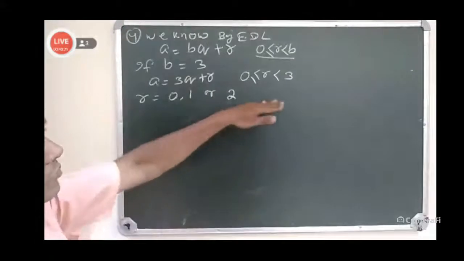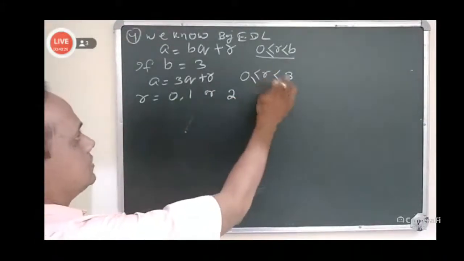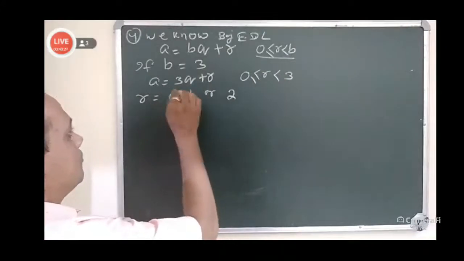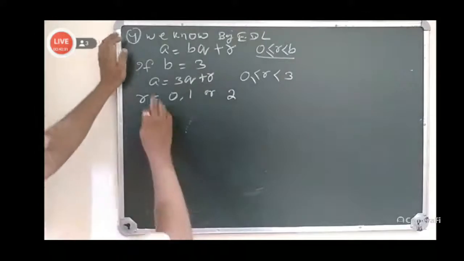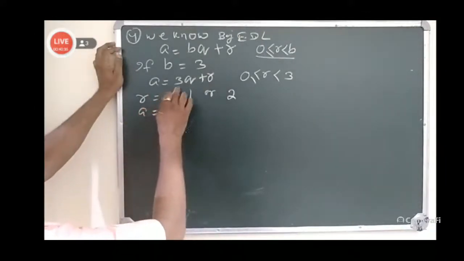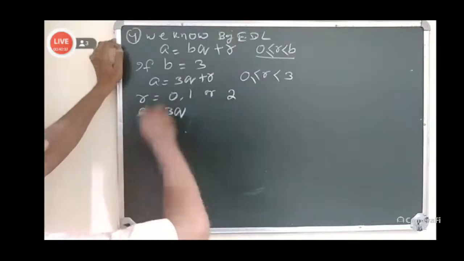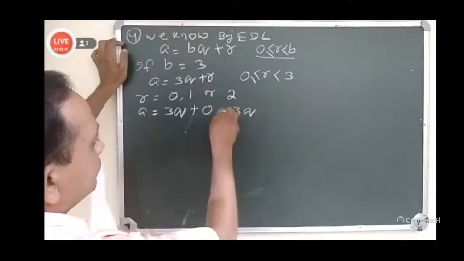It cannot be 3 because r is less than 3, so the possible outcomes of r are 0, 1 or 2. So when r equals 0, a equals 3q plus 0, which equals 3q.